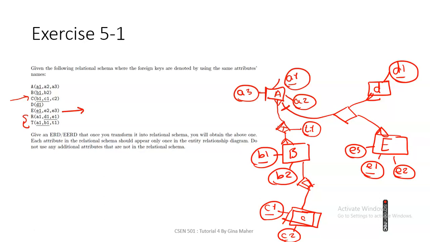However, in this case, there will be some complexity in manipulating the string itself if we want to search for a specific name. Okay, next tutorial we are going to move to another topic, which is relational algebra.